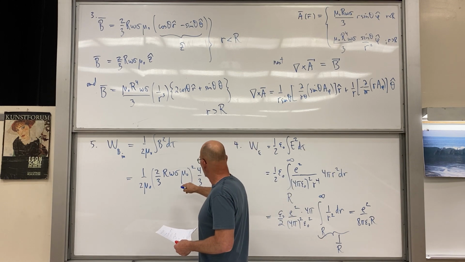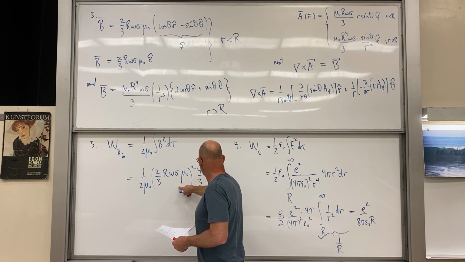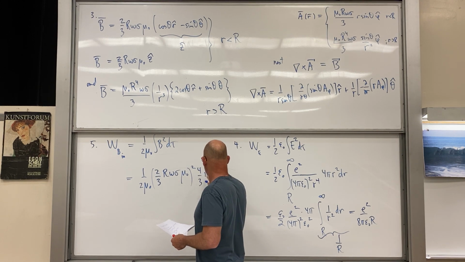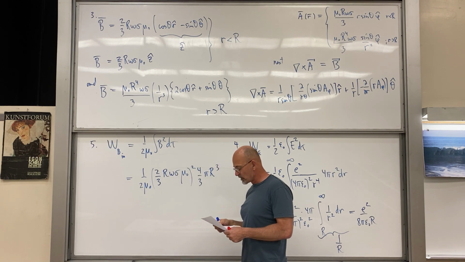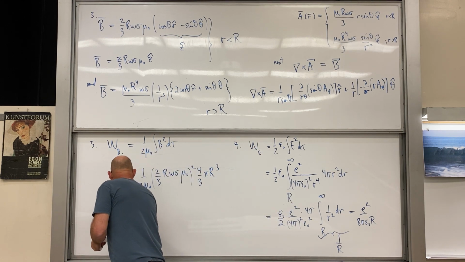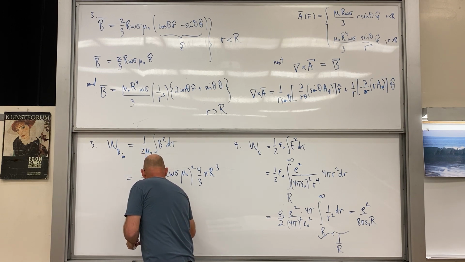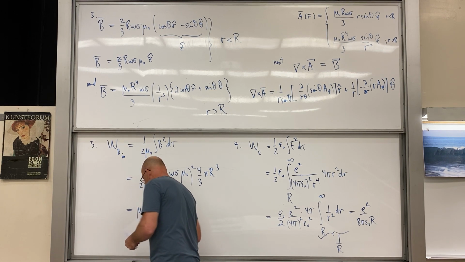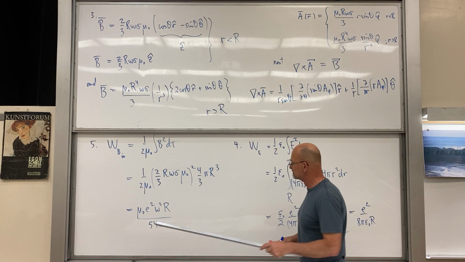That'll be 4 powers of r in the denominator and 5 powers of r in the numerator. So we end up with proportionality to r. I'm just going to go ahead and write down what that gives: mu naught e squared omega squared capital R over 54 times pi. That's a few lines here on my page.